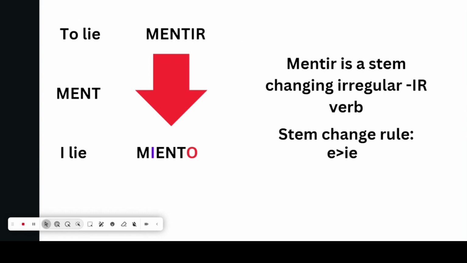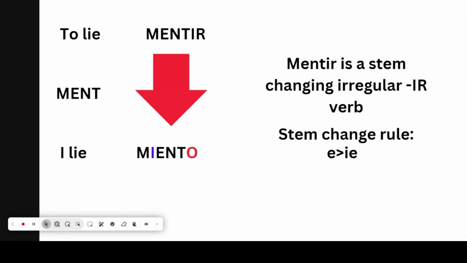I do have a list of stem changing verbs. I will share the link in the description of this video so that you can look at different types of stem changing verbs, because it's very important. Okay, so we change the stem after we've removed the ending, and then we add the appropriate verbal ending.